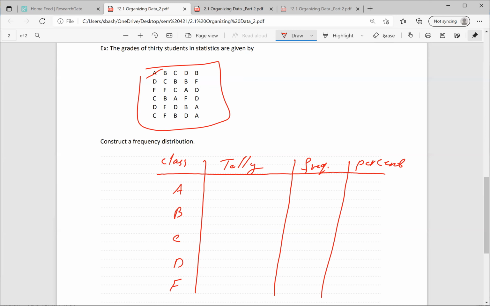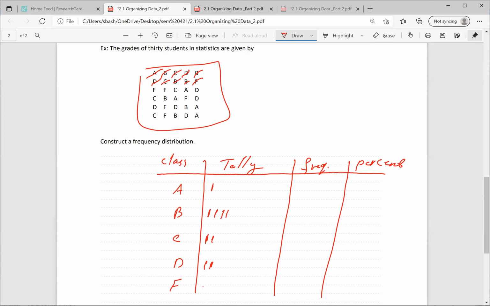First one is A, so it is 1 bar for A. Next one is B, so 1 bar for B. Next is C, 1 bar for C. D, 1 bar. I have another B, then D. One is C. These are two B's beside each other.